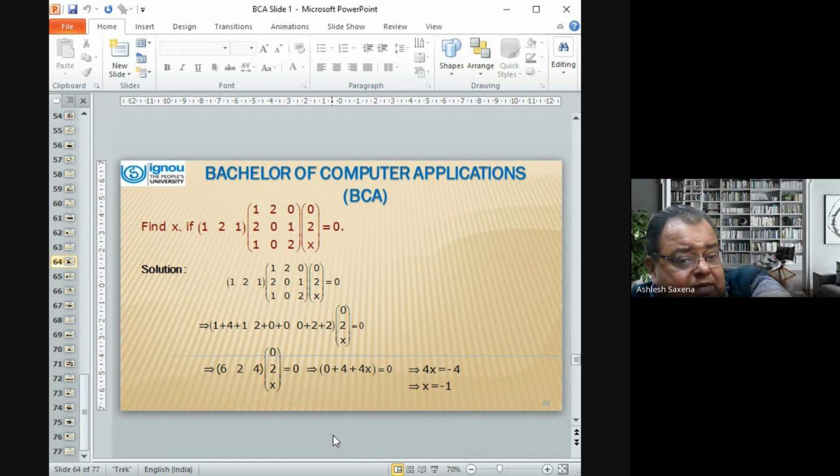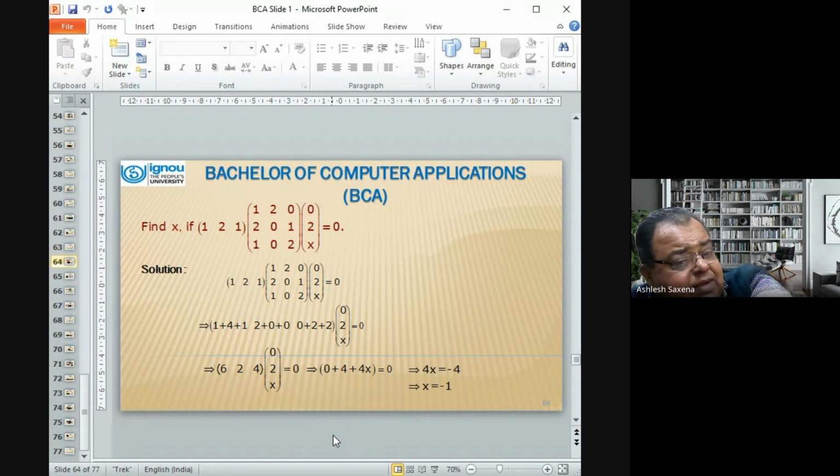Now how will we multiply? Each element of the first matrix will be multiplied by each element of the second matrix in the column form, coming from top to bottom. That means 1 into 1 plus 2 into 2 plus 1 into 1. Second element will be 1 into 2 plus 2 into 0 plus 1 into 0.